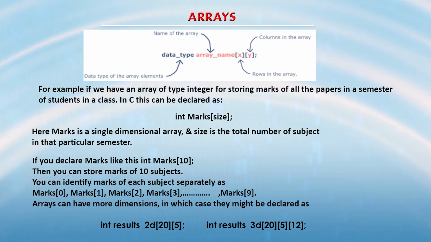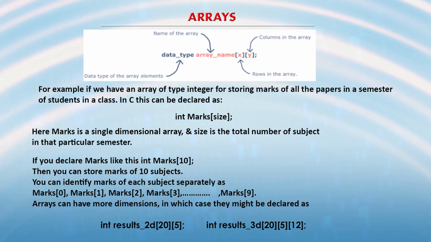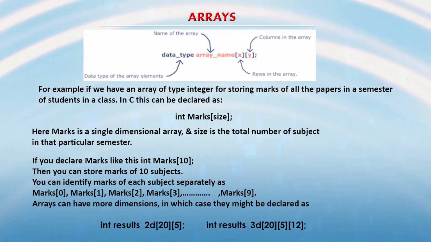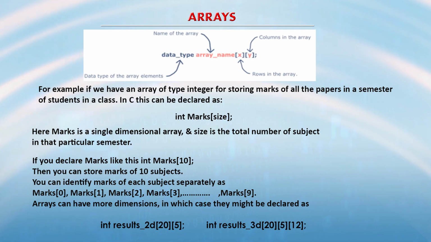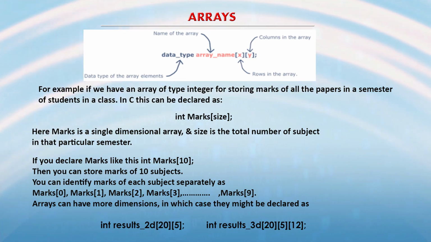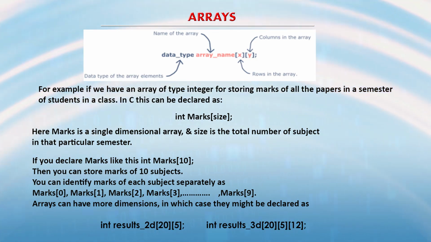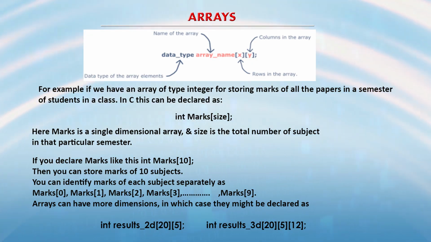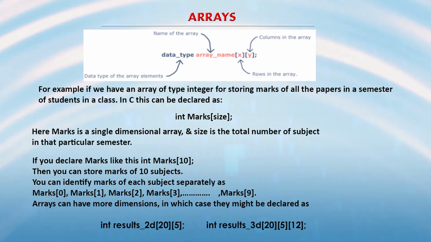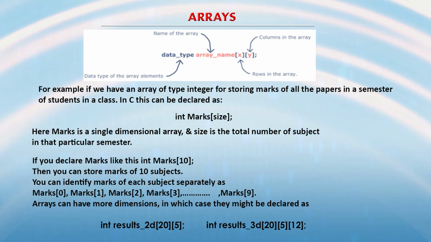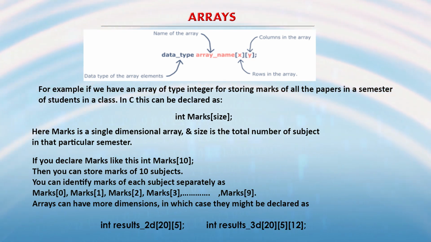This represents 3 dimensions because there are 3 square brackets, each containing the values 20, 5 and 12. This is a 3 dimensional array whose name is result_3d, and it stores integer data type values.